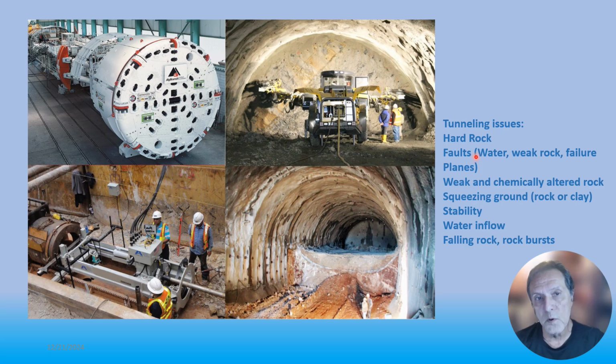Faults can often provide conduits for water to seep through weak rock planes, and you can get failures along fault zones. This looks like it could have been a fault, so you can get water gushing along this weakened plane in the rock. Something to look out for as a geologist logging the tunnel during excavation.